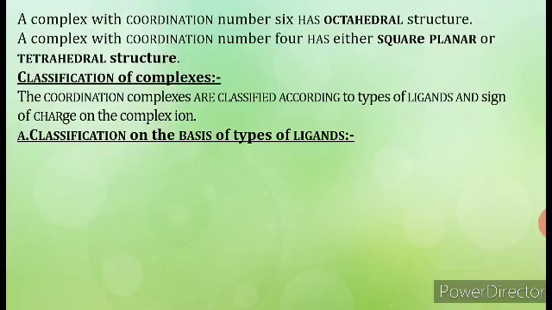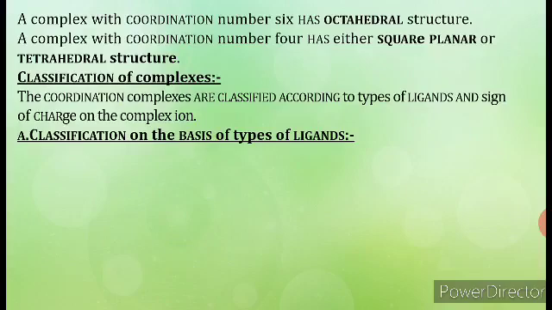Okay, so first classification is on the basis of type of ligands. On the basis of type of ligands, the complexes are classified in two categories: homoleptic complexes and heteroleptic complexes. Homo means what? Same.